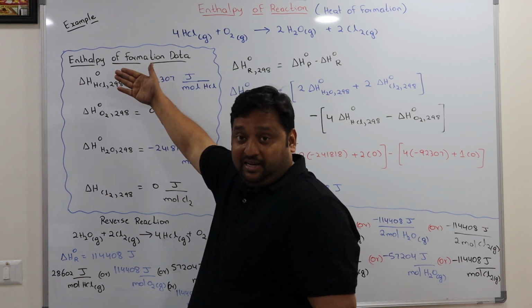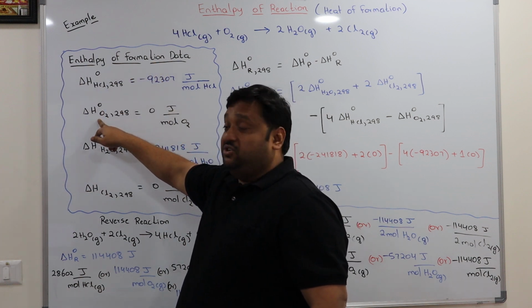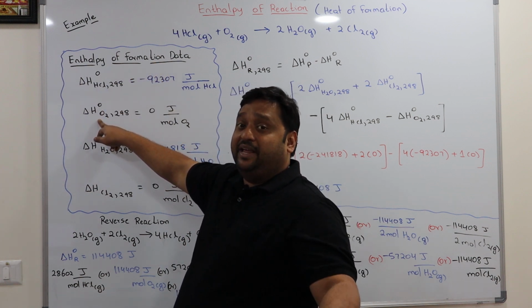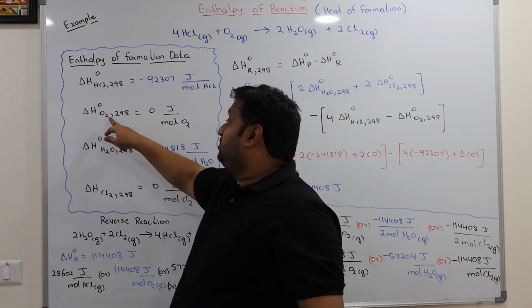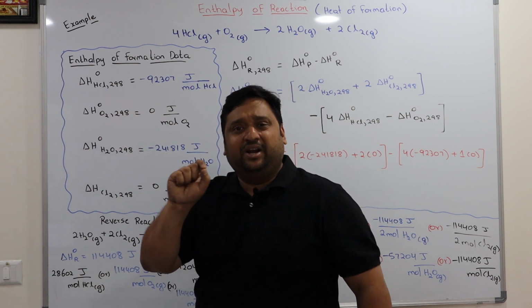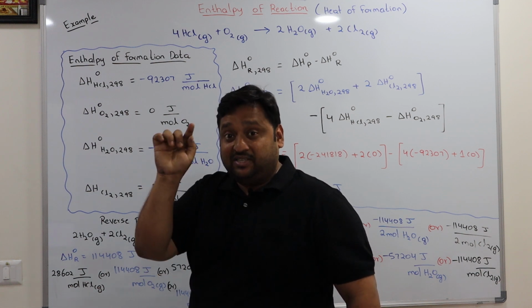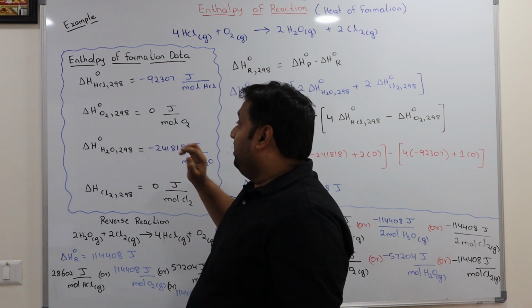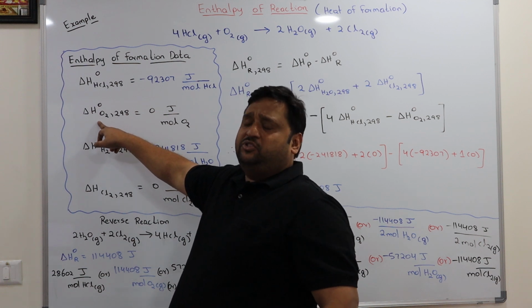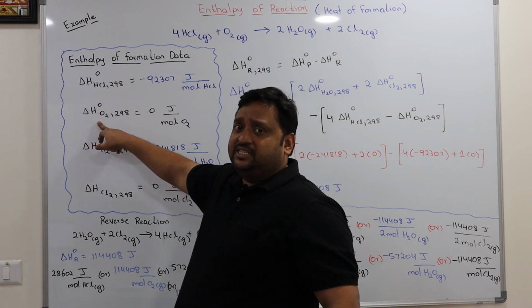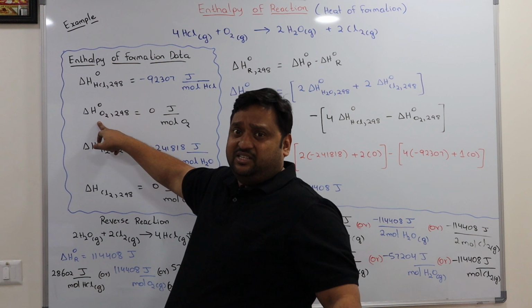Similarly, the enthalpy of formation of diatomic gases of the same element, like oxygen, is always 0. O2, N2, Cl2 are called diatomic gases of the same element. Generally they exist in their standard state, their natural state.